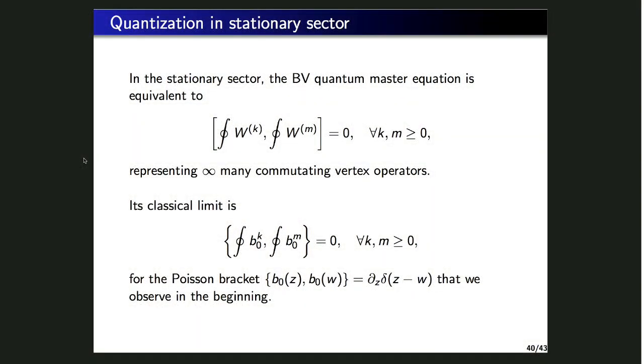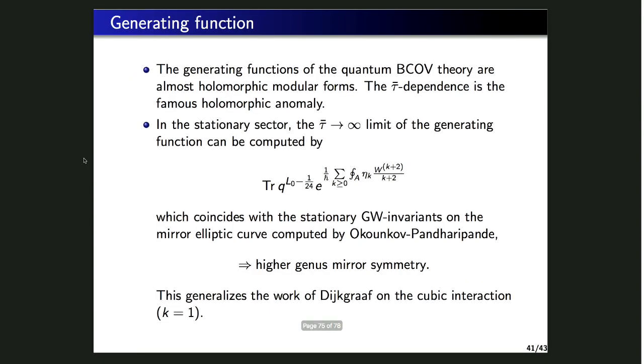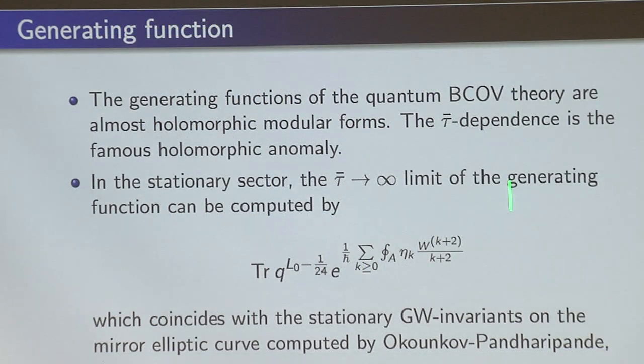And the above is a quantization of the system. So this explains the observation we made in the beginning, but there's something more precise I will try to explain. With this data, you can compute the higher genus invariants from BCOA theory. For example, if you compute the generating functions for this quantum BCOA theory, they are all given by almost holomorphic modular forms.